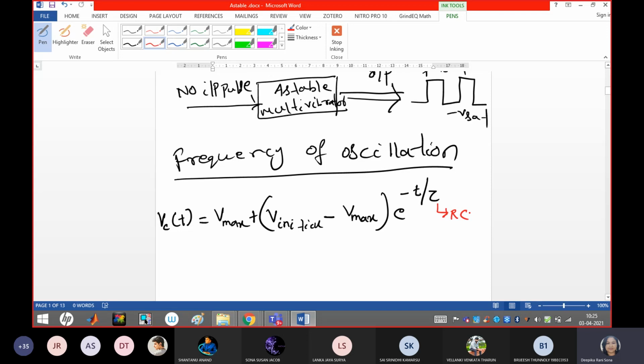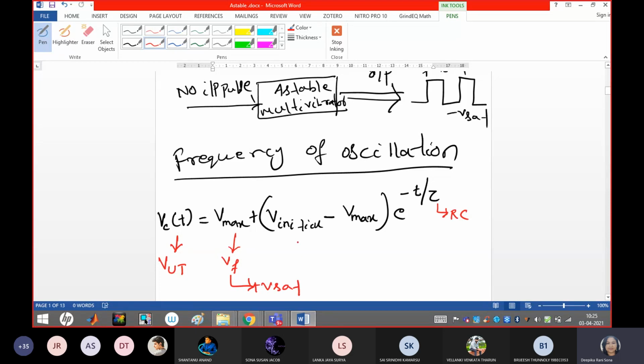Now I will represent the values. What is the significance of this V max and V initial and all these things? Here just write down Vc of t is nothing but the VUT voltage, the upper threshold voltage. Then what is V max? V max is nothing but the final voltage Vf, and the Vf is represented as plus V sat.